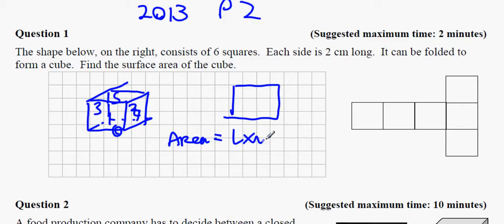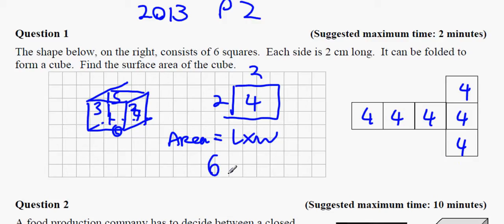We're going to get 2 multiplied by 2, which is 4. Each one is worth 4, and there are 6 sides, so multiply 6 by 4, and you'll get 24 centimeters squared. And that is the surface area of the cube.